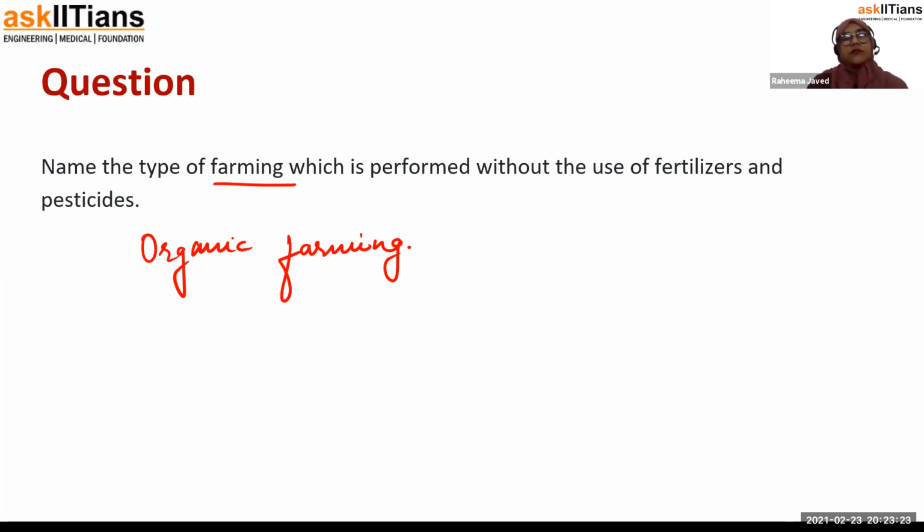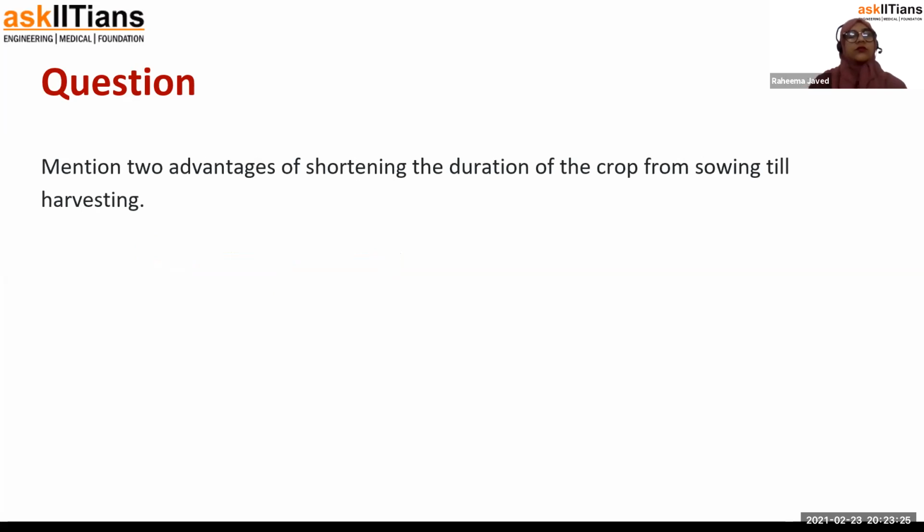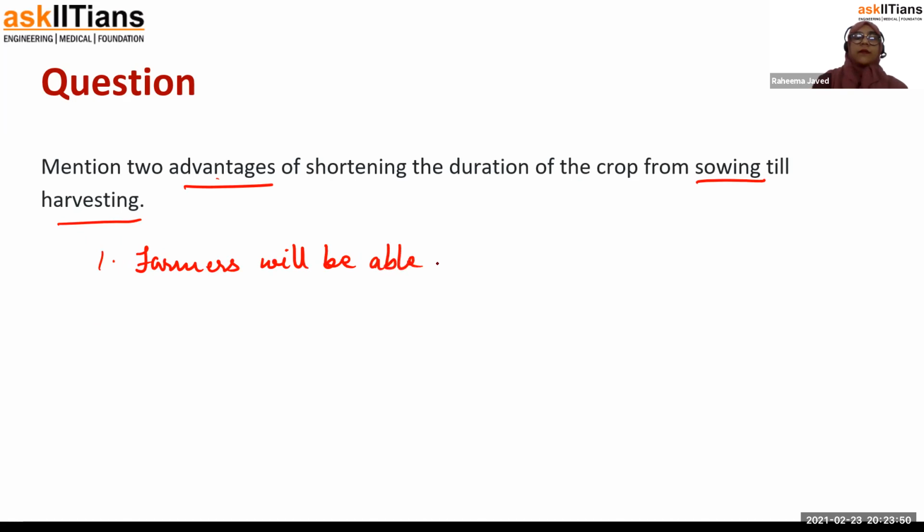So with this, let's move on to the next question, where we have to mention two advantages of shortening the duration of crop from sowing till harvesting. This is quite straightforward. If the duration from sowing till harvesting is shortened, then the farmers will be able to grow multiple crops in a year.